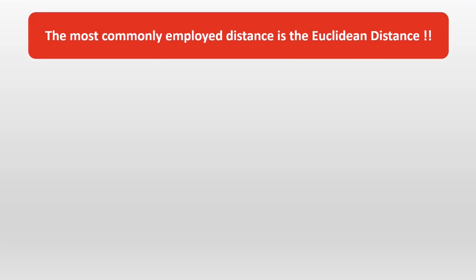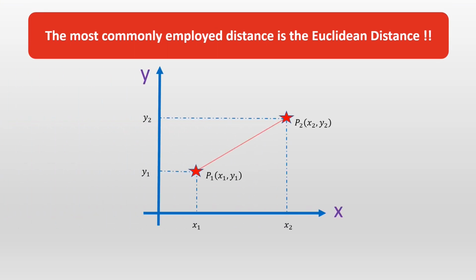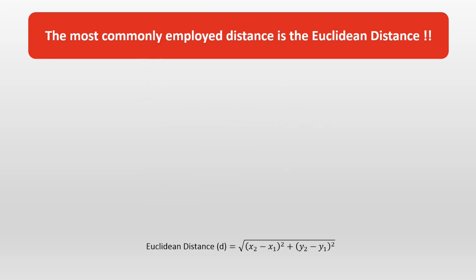The most routinely employed one is the Euclidean distance. If point P1 has coordinates x1, y1 and point P2 has coordinates x2, y2, then the Euclidean distance between them is calculated by the formula d equals the square root of (x2 minus x1) whole square plus (y2 minus y1) whole square.